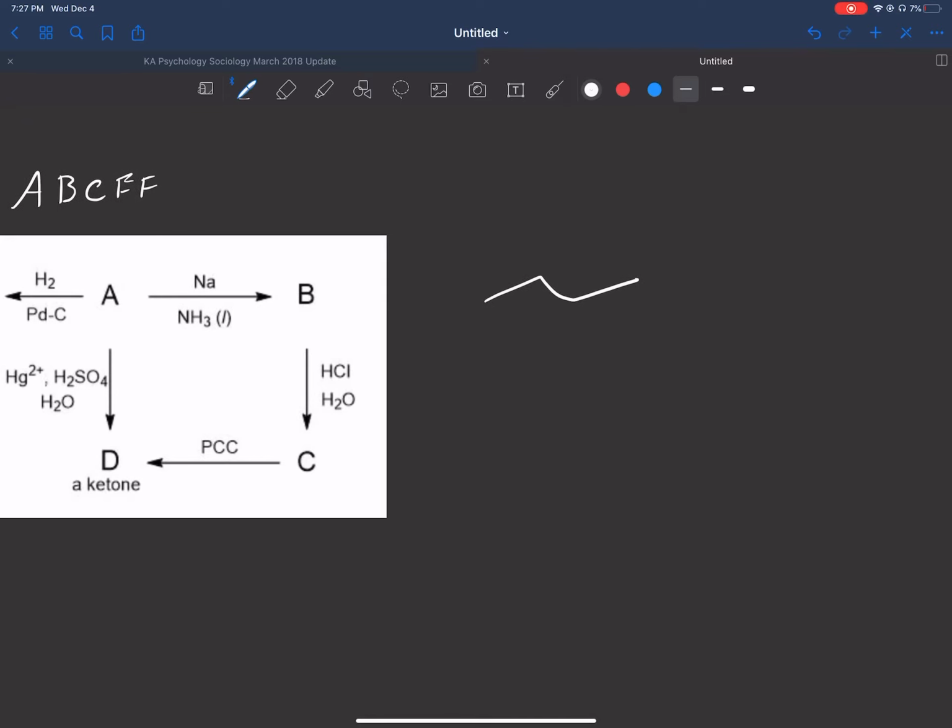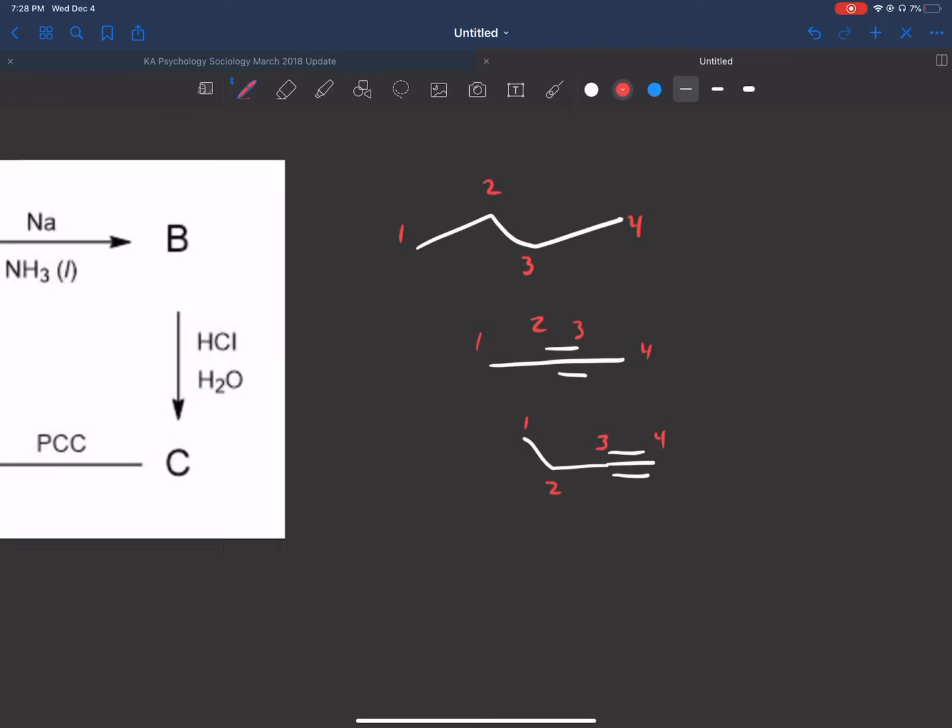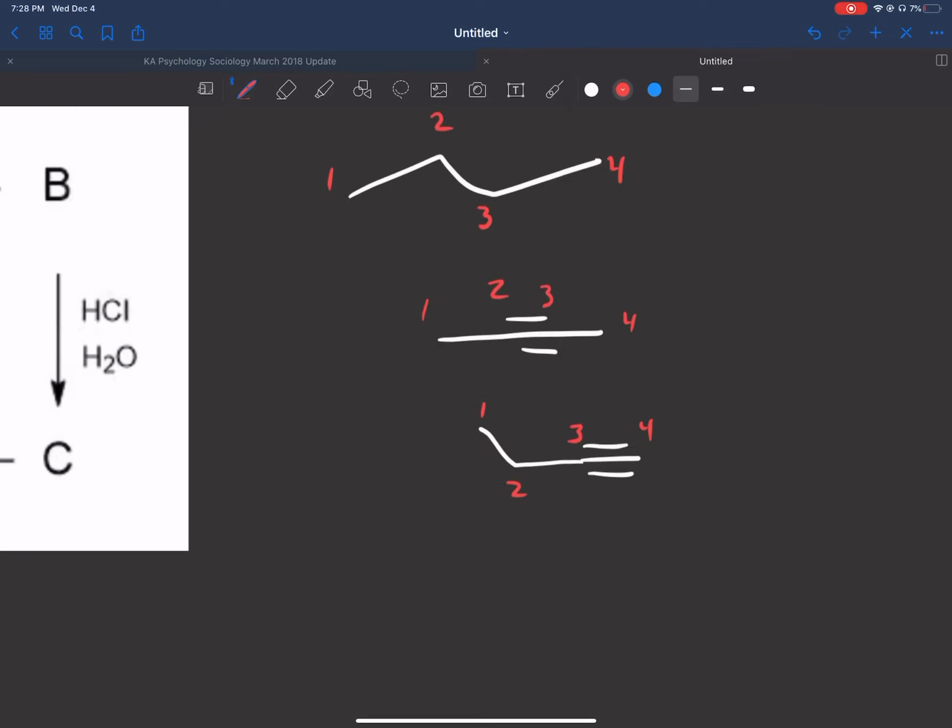The center, it's carbon 1, 2, 3, 4, or if it's on the end, 1, 2, 3, 4. Now you could have put the triple bond on the other end; it's going to give you the same exact thing. So these are the only two possibilities of how we can have a triple bond on this 4-carbon compound.